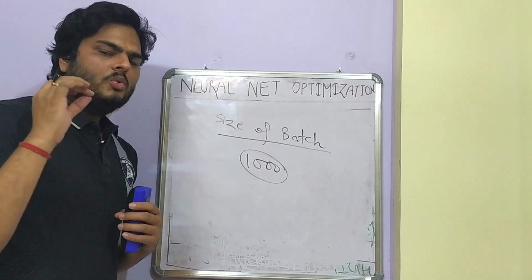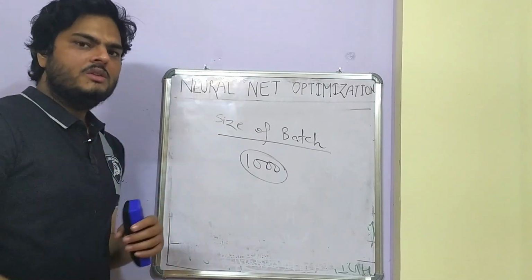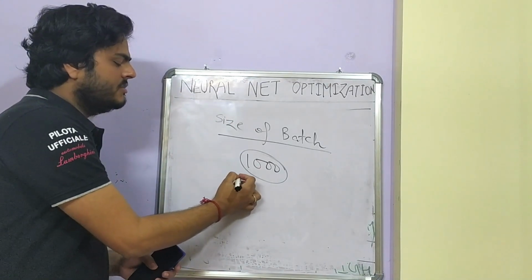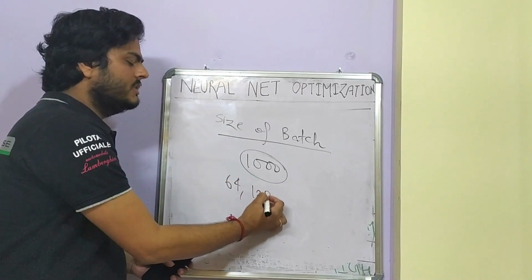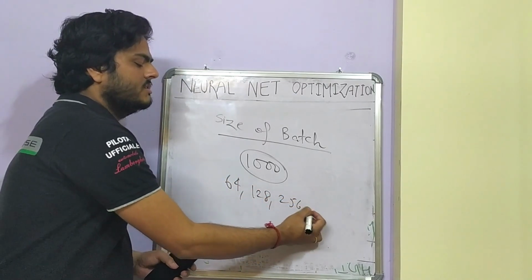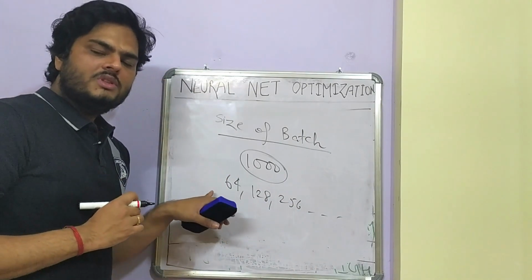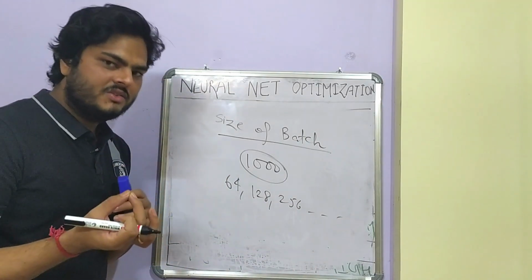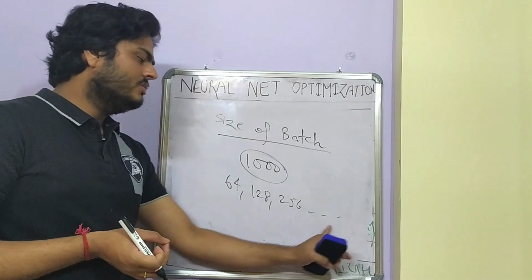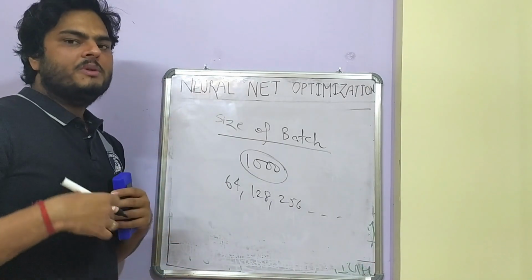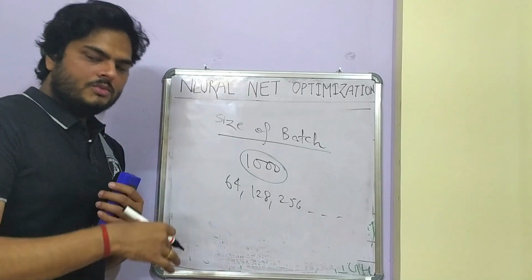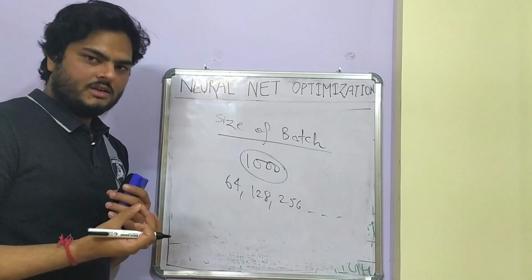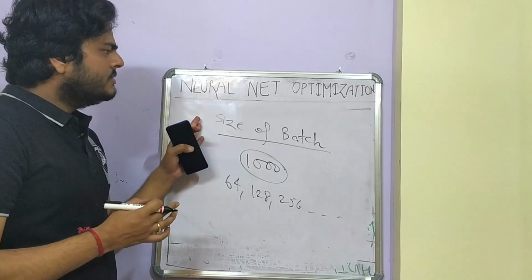What has been recommended in industry is anything like 64, 128, 256 in this range. So these many records will come in one batch, this can be your batch size. Now again, out of these values, what is the optimal batch size for you? We need to do hyperparameter tuning and check. So that was the idea here.